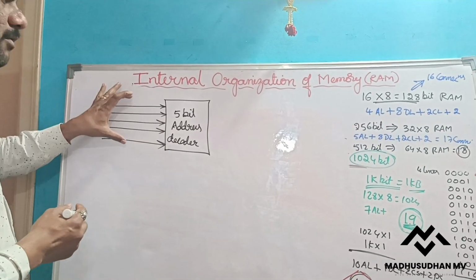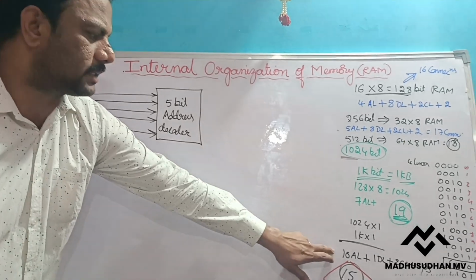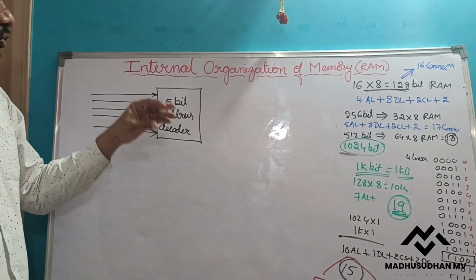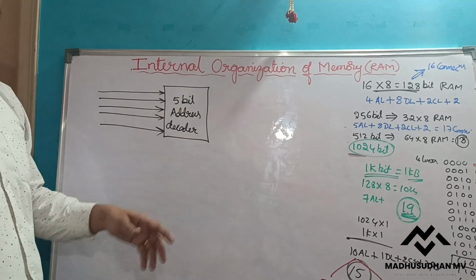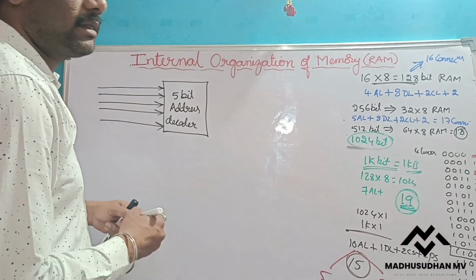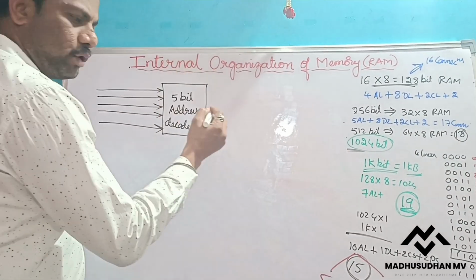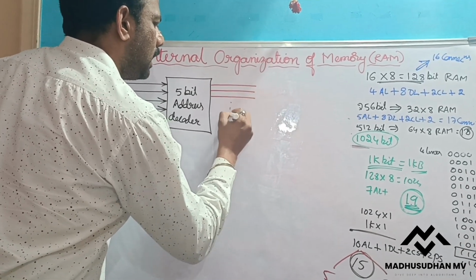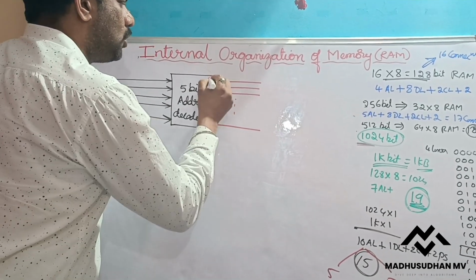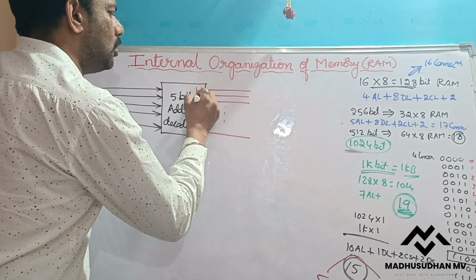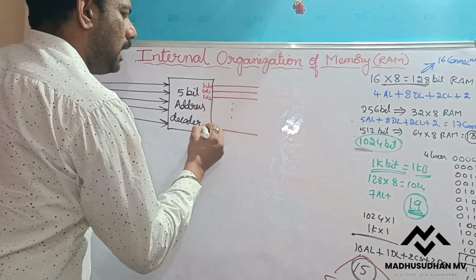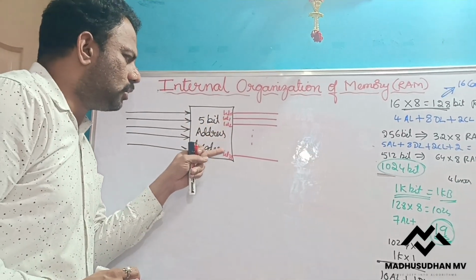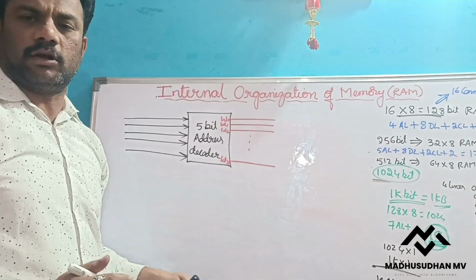Out of the 10 address lines, I use these 5 to select one row out of 32. Since it is 5 bits, 2 to the power of 5 is 32. I will call these word 0, word 1, word 2, like this, the last one being word 31. So totally 32 lines I got.